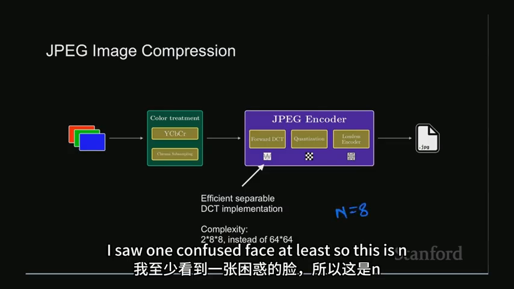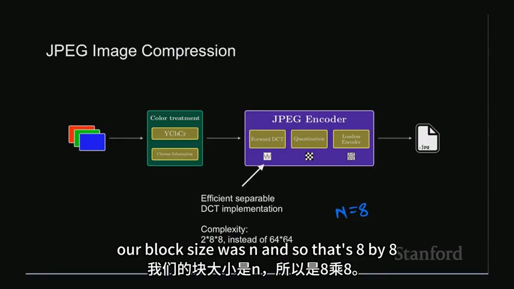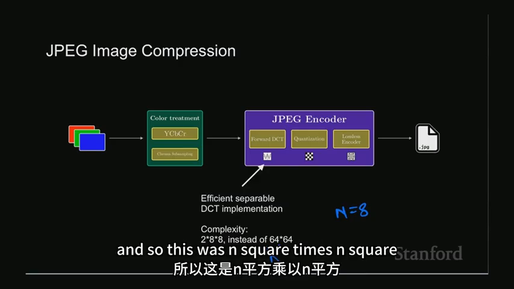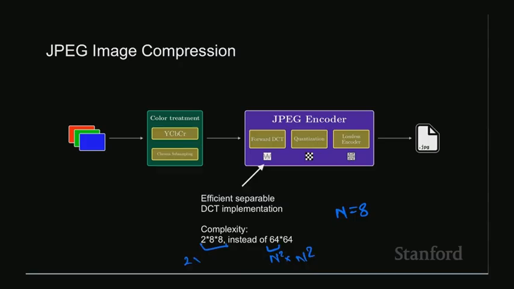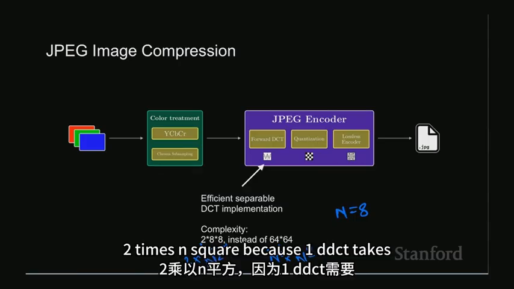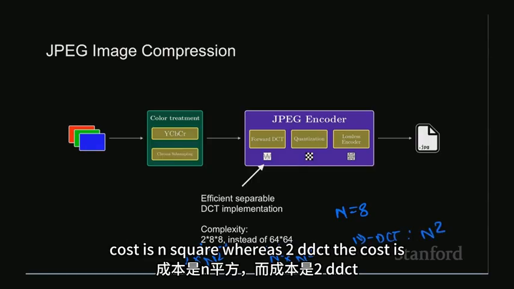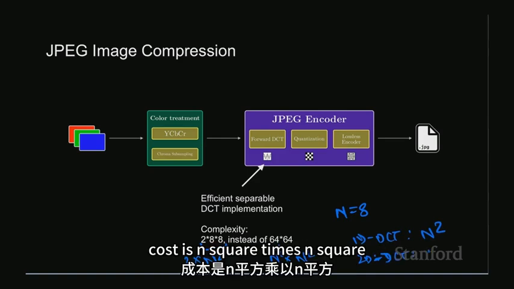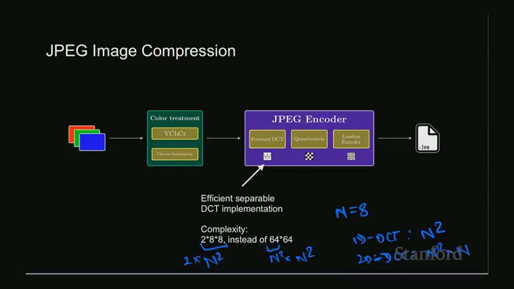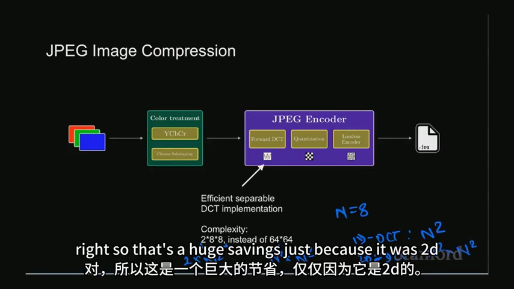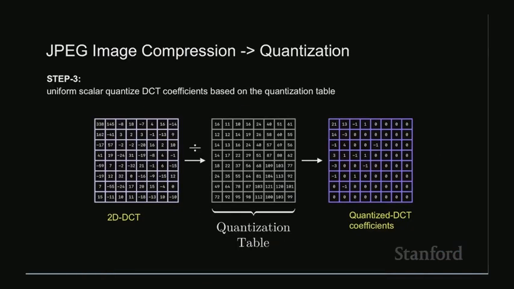So our block size was n, and so that's 8x8. And so this was n square times n square, and this is just 2 times n square, because 1D DCT cost is n square, whereas for 2D DCT the cost is n square times n square, right? So that's a huge savings just because it was separable.